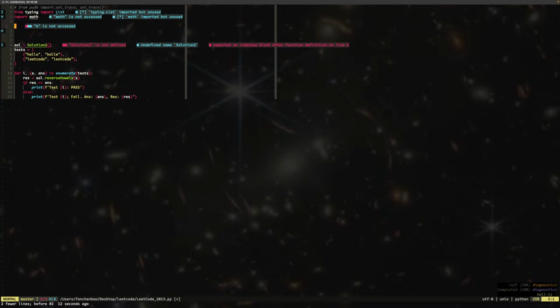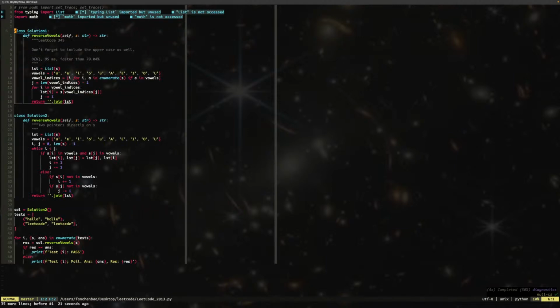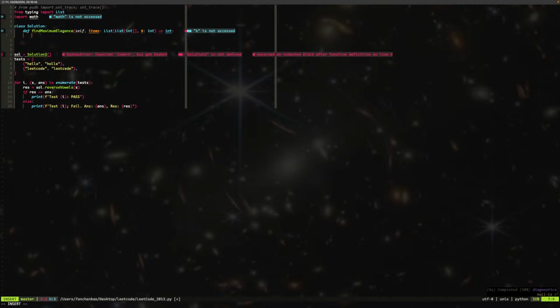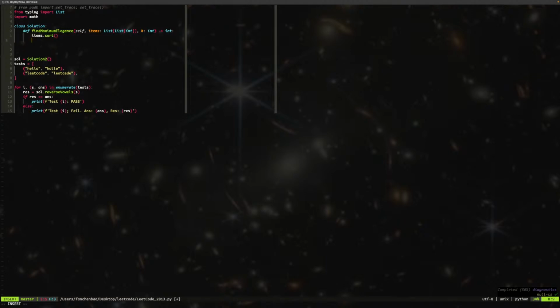I can just call it items.sort. Right, we sort it, and then we will say the initial, we can say res equal to. We also need to know the frequencies, right? We need a counter.